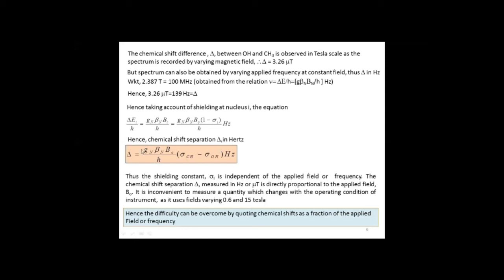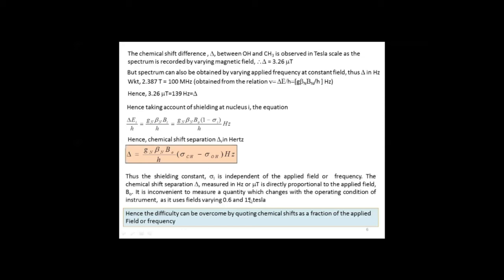So the chemical shift separation we get will be in terms of these variations in the applied field in Tesla, which will be quite difficult to measure as the conditions vary from one instrument to another. So we cannot conclude common chemical shift difference values.